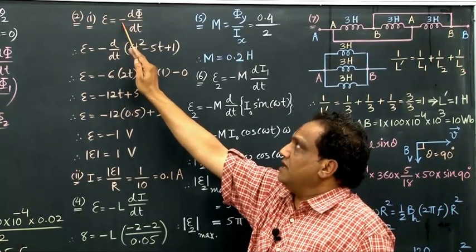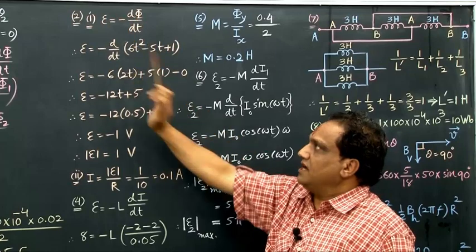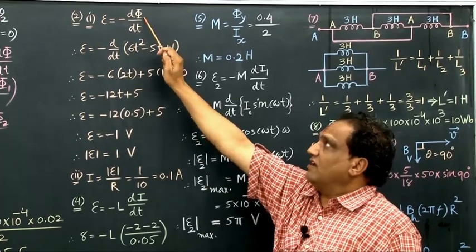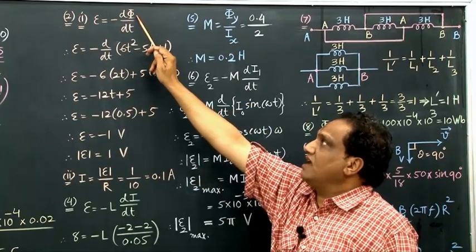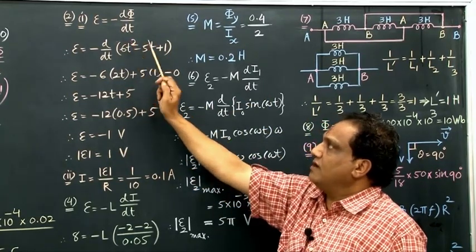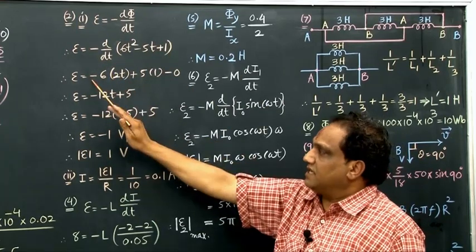E equals minus d phi by dt. Minus d by dt as it is. What about the magnetic flux formula? In terms of time, they have given phi equals 6t square minus 5t plus 1. Come on. Minus as it is.